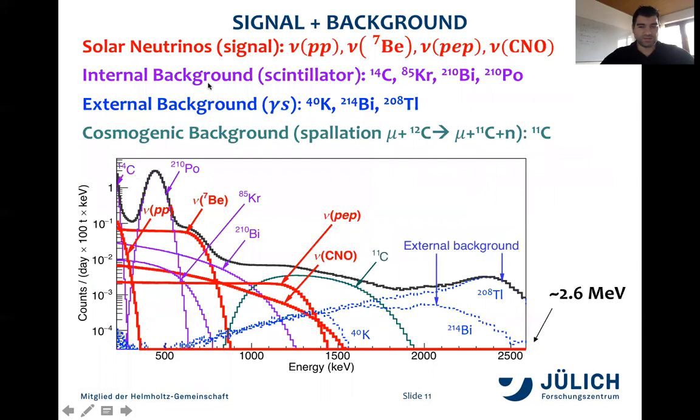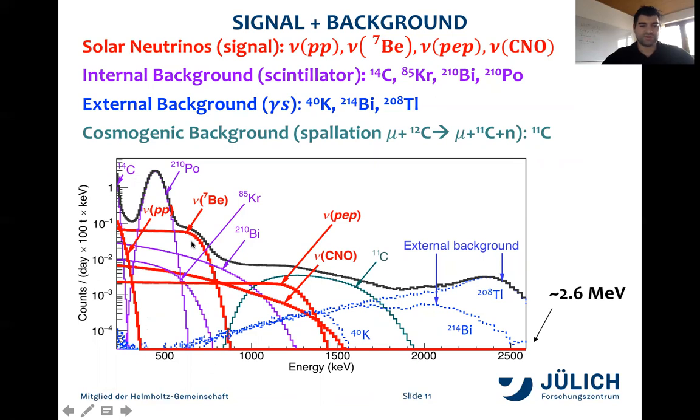Our signal and background distribution in Borexino: in red here, we have the energy spectra of all the backgrounds and solar neutrino signals. You can see on the y-axis the counts per day per 100 tons per energy, and on the x-axis the energy. You can see that this goes until 2.6 MeV. In red, the solar neutrino species.